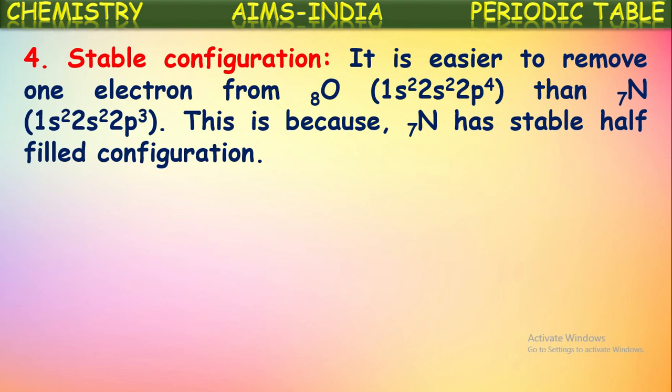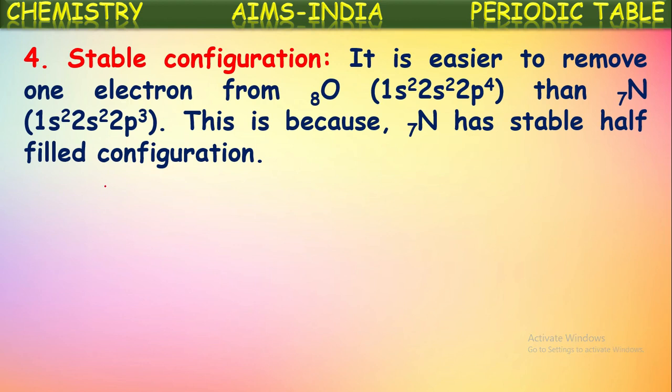Let us see one example mentioned here. It is easier to remove an electron from oxygen, which has the configuration 1s2, 2s2, 2p4, than from nitrogen, whose configuration is 1s2, 2s2, 2p3. This is because nitrogen has a stable electronic configuration, that is, a half-filled outermost orbital.